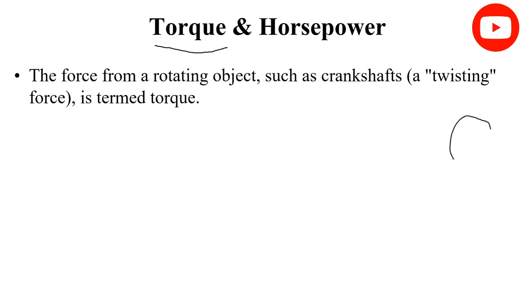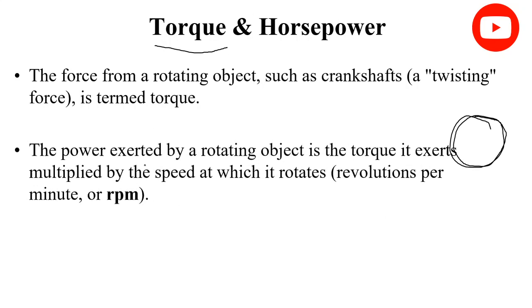So when you rotate an object very fast, some force will be created, such as in a crankshaft. It is a twisting force. So that is torque, and the power exerted by a rotating object is the torque it exerts multiplied by the speed at which it rotates.